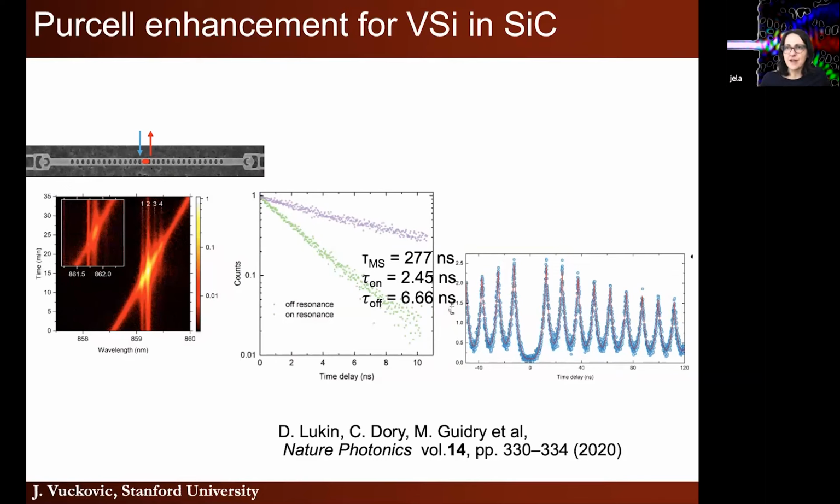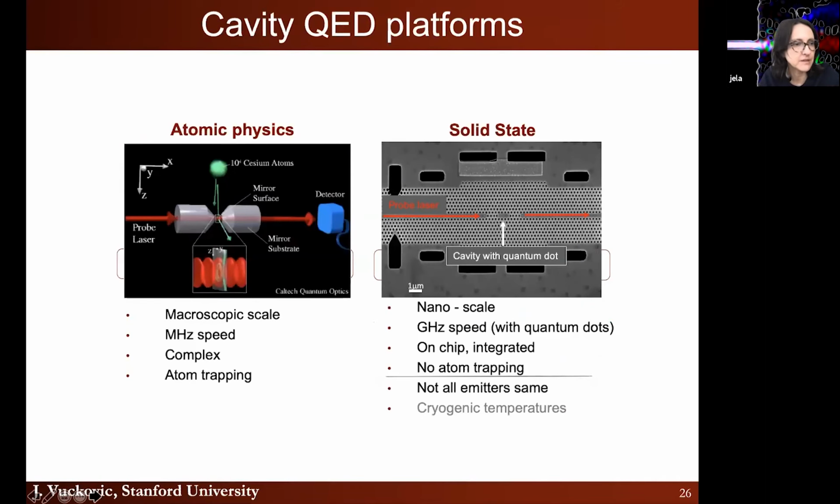If you only see reduction in lifetime, but you don't see an increase in the intensity, it could be that you're non-radiatively reducing lifetime, right? So you have to make sure that both of these are happening at the same time. And here it is happening, and also you can do statistics measurements to prove that it's a single emitter, as we did in this time.